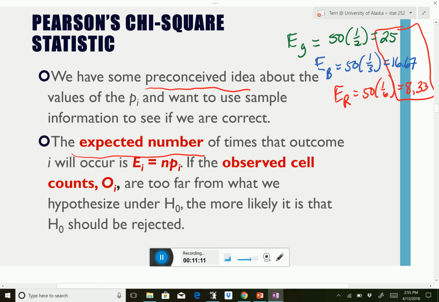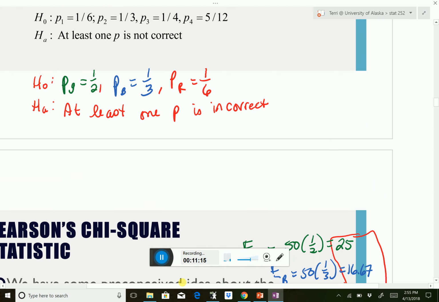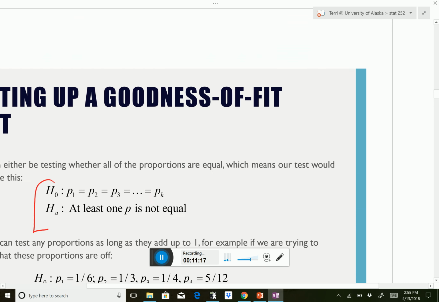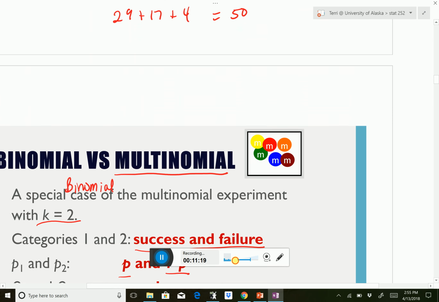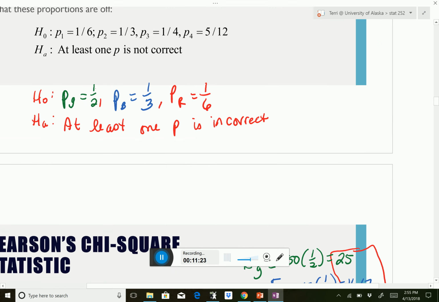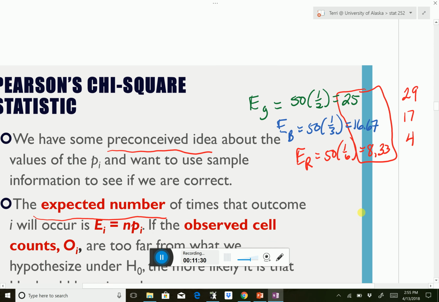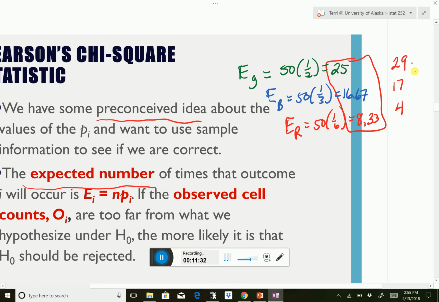So the question is our observed values, which were what? What were our observed values? I gotta remember. 29, 17, and 4. Okay. So we actually got 29, 17, and 4. Now, could this difference be just by chance? Or could it be that that is not really the makeup of the marbles in the bag? So which is it?